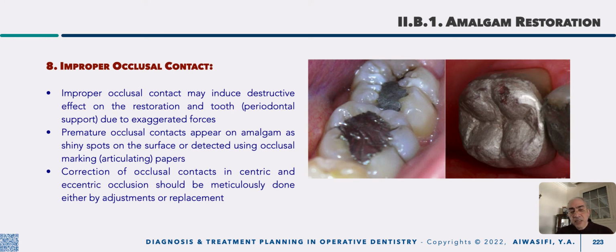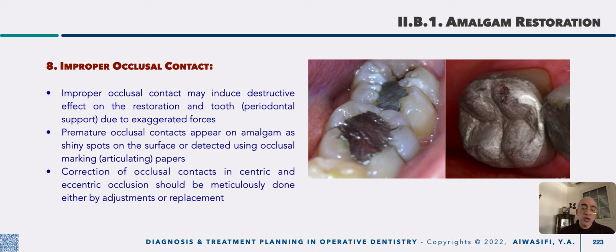The second case is when the case is a complicated or complex amalgam restoration that needs extra time. You are here in a fight with time. You are fighting the working time.